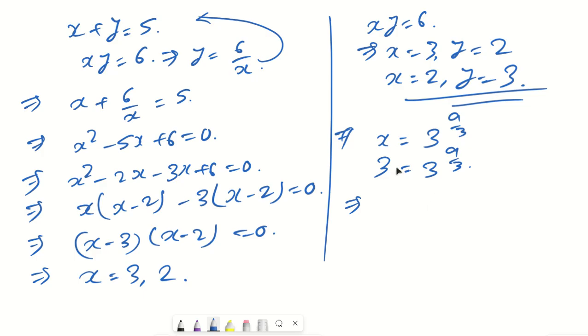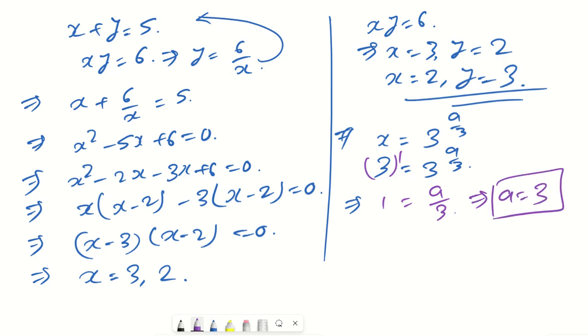If we equate the powers, 3 is nothing but 3 to the power 1. So I can write it down, 1 is equal to a by 3, because we are going to equate the power. So from here we are going to get a equal to 3. Understood?